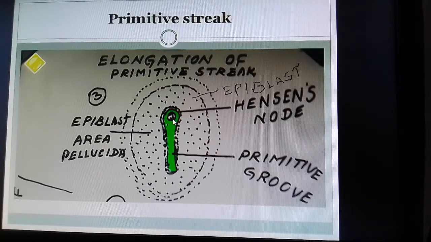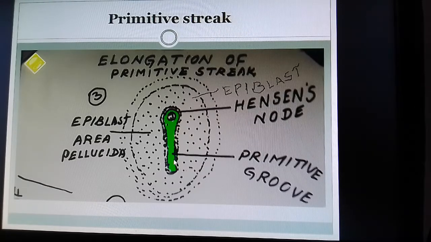And there is a funnel-like depression called primitive pit, and the Hensen's node is otherwise called primitive knot. And now here you see this happens at the region of epiblast cells. That's why here the epiblast is a significant area for the process of gastrulation.